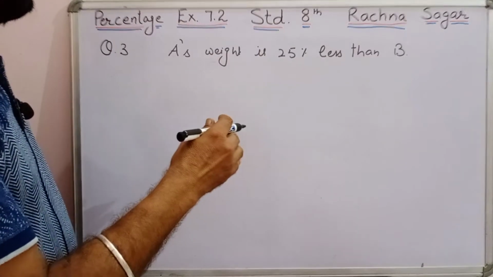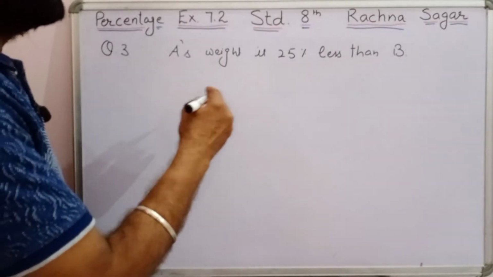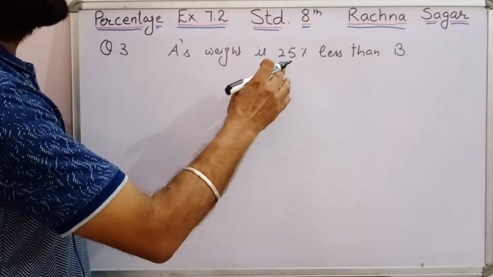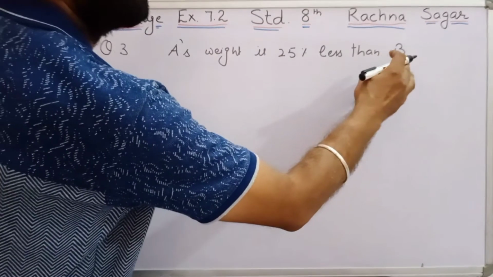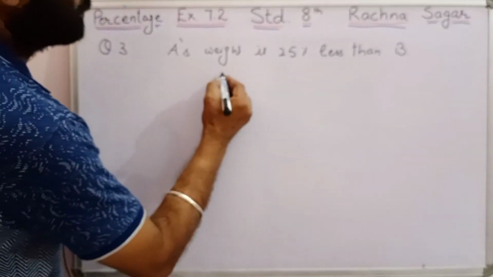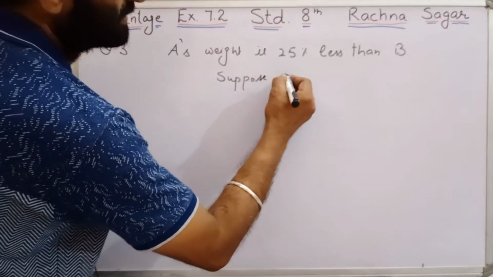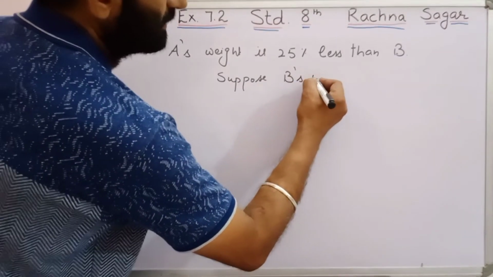Question number 3. By what percent B's weight is more than that of A if A's weight is 25% less than that of B's weight? We will suppose B's weight is 100.